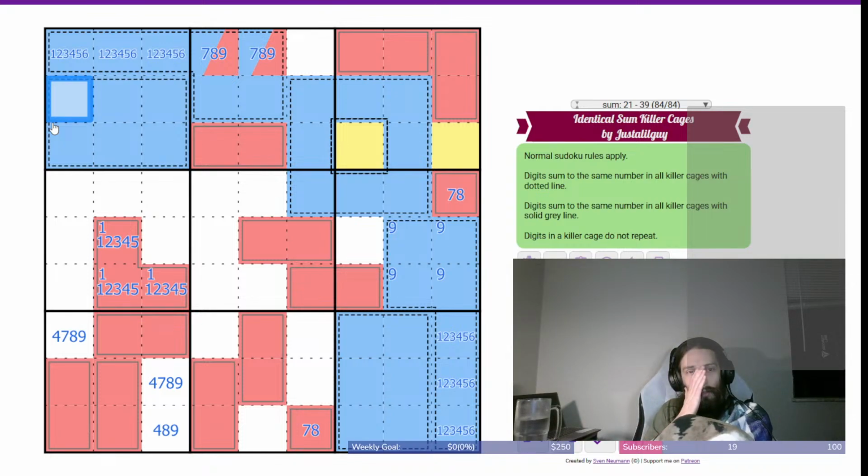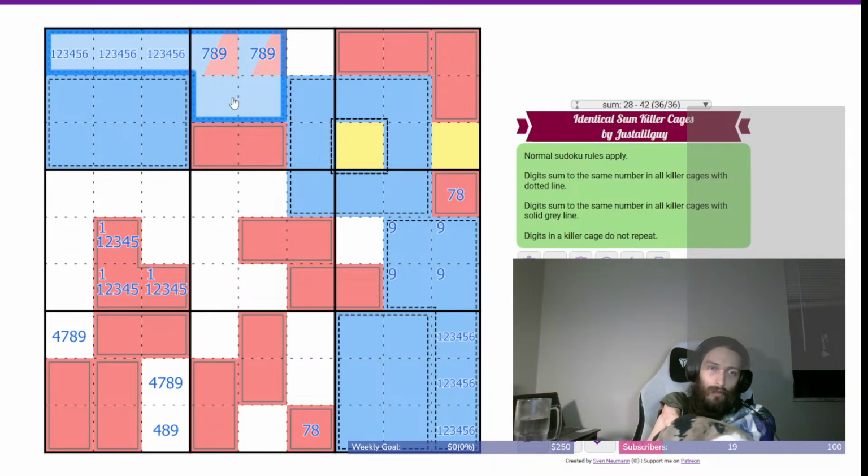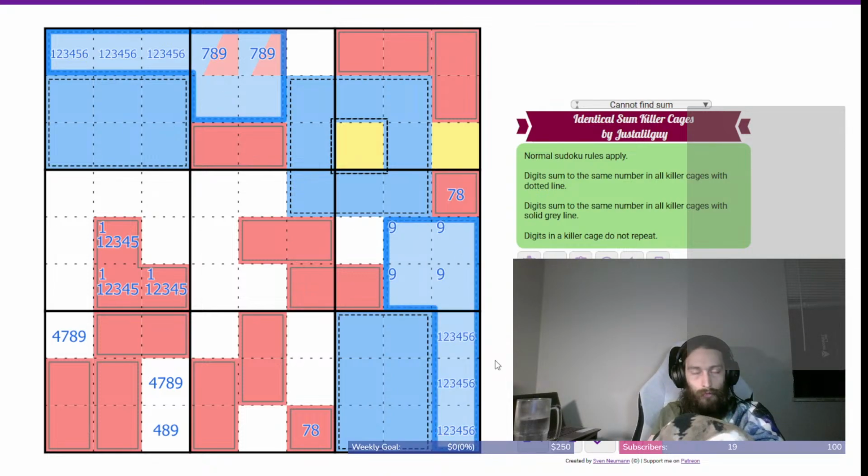Which means the yellow one is, well, it could be 9, right? Now, is it possible that yellow is not in these shapes?